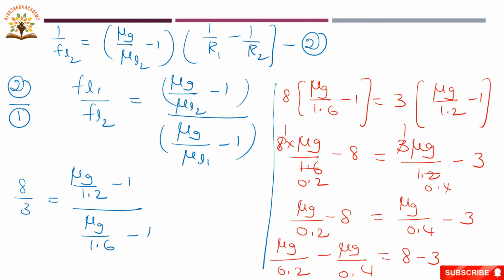So, next, taking mu G as common, mu G into (1 by 0.2 minus 1 by 0.4) is equal to 5.